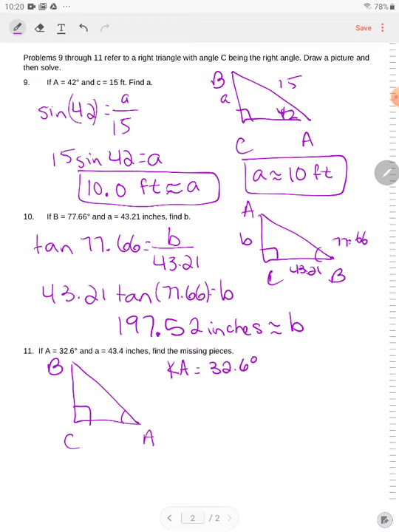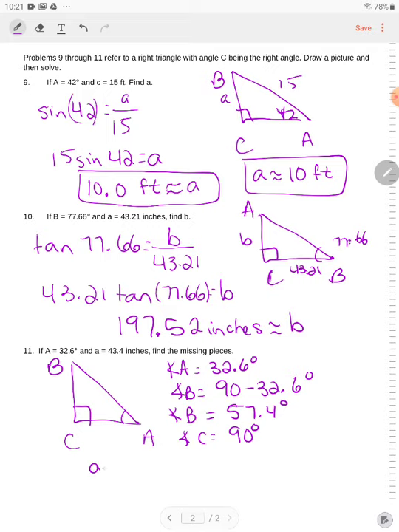I know that's not missing, but I'm going to write it down. The measure of angle B is 90 minus 32.6 degrees. We get 57.4 degrees. Oops, the angle needs to go inside, not outside. Then we know that angle C is 90 degrees because it's given.